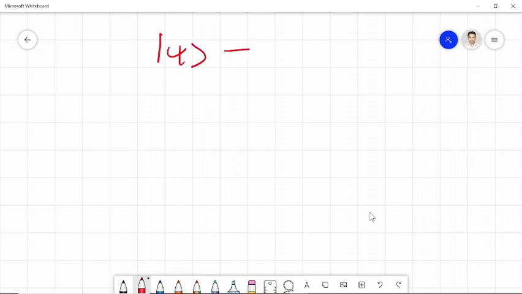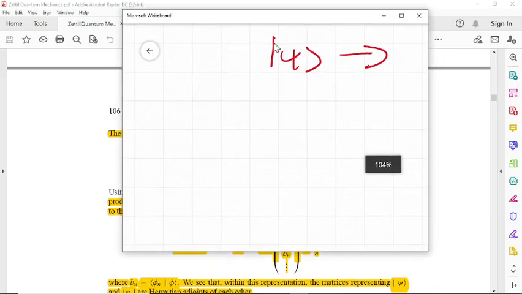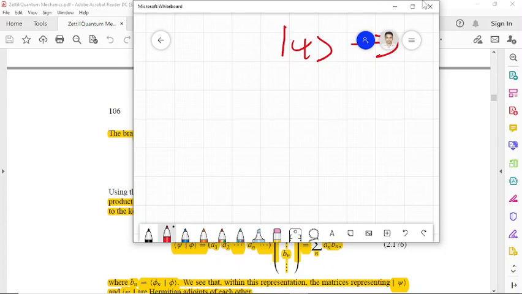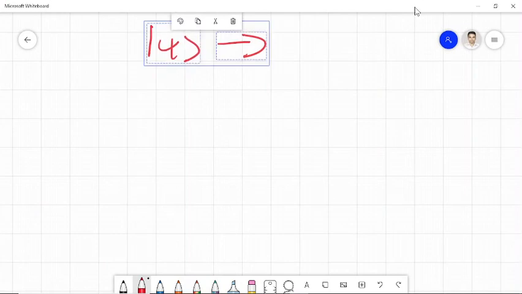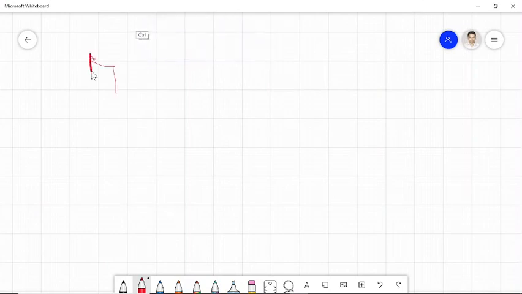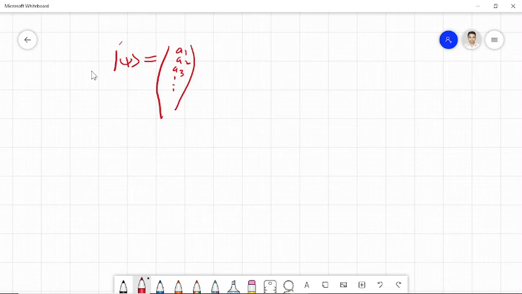A ket psi we can express as a column matrix a1, a2, a3 and so on, and their mirrored image, the dual space vector bra psi, we can express as a row matrix a1 star, a2 star, a3 star and so on.